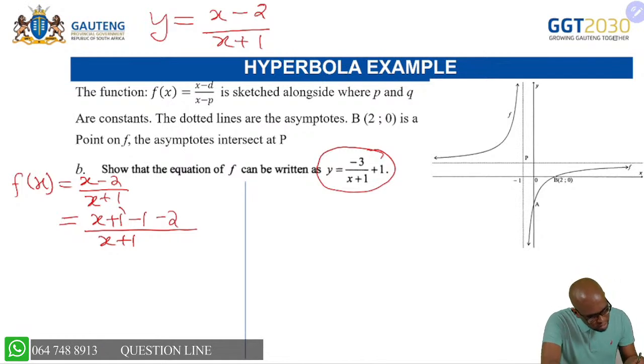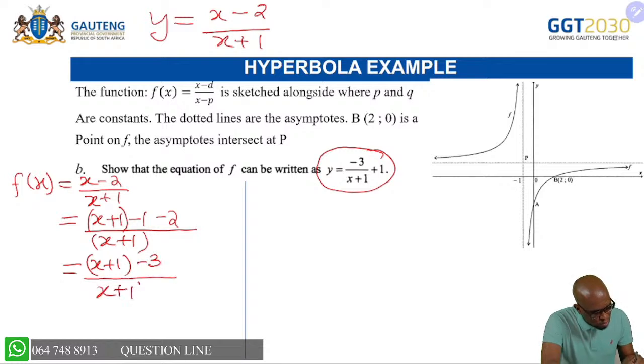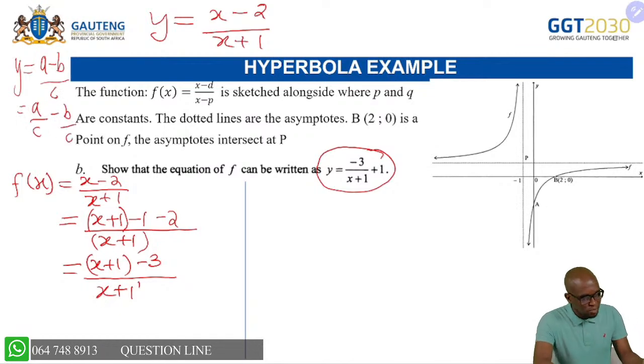Now, because this part looks the same as the denominator, that is the idea that I wanted to have here. Which means that I can then say this is x plus 1, and then I add these two, minus 1 minus 2, subtract them, I get minus 3 over x plus 1. Now, if I have this as y is equal to a minus b over c, c is a common denominator, so I can divide both terms by that denominator.